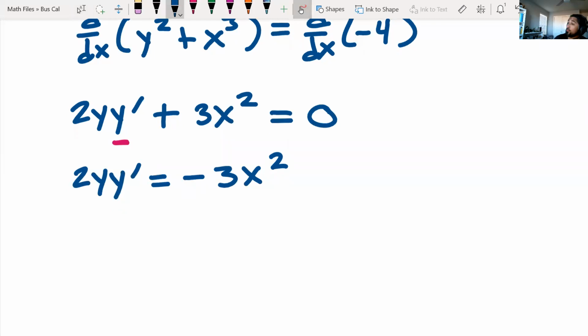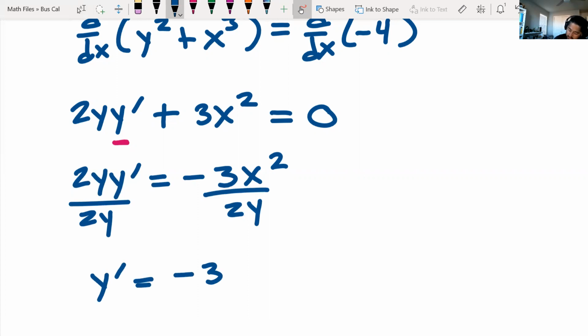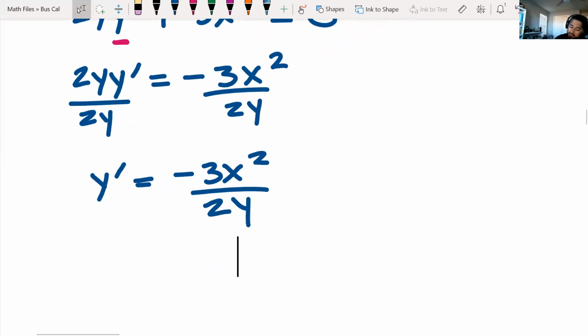And then to solve for y prime, I'm just going to divide by 2y, and we get y prime equal to negative 3x squared over 2y. And there's our implicit derivative.